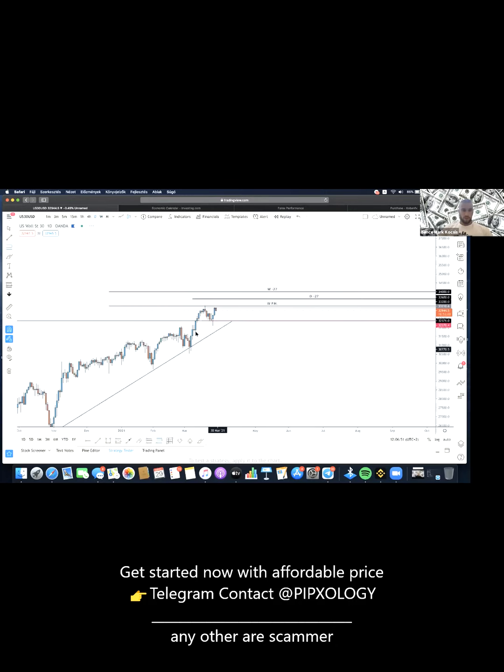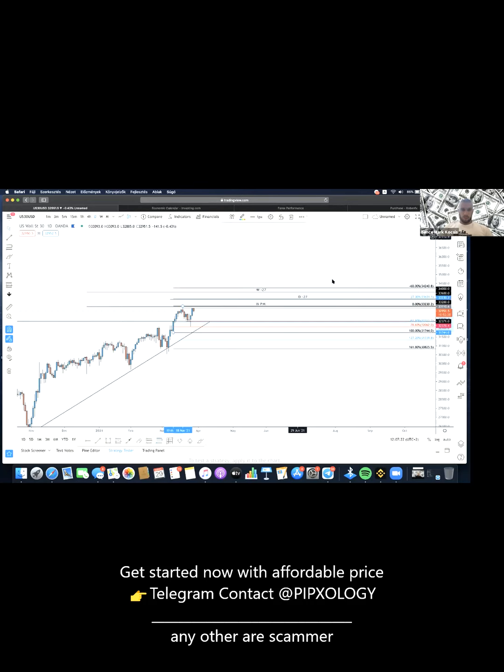If I go to the daily, basically you can see we have low, high, high, low, high, high. If you put the Fibo from this low to this high, you can see the price came back to the 78.60, and after that it started pushing to the upside really strong. We also have a flip from high to low, and you can see the minus 27 also tapped.